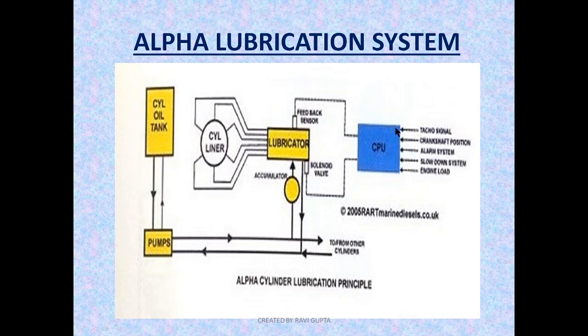But in the ME engine, this whole thing is processed by the ECU and the CCU, and the signal for activation of the lubricator is fed after processing through the ECU and CCU. I hope I have given a basic idea and the concept is clear.